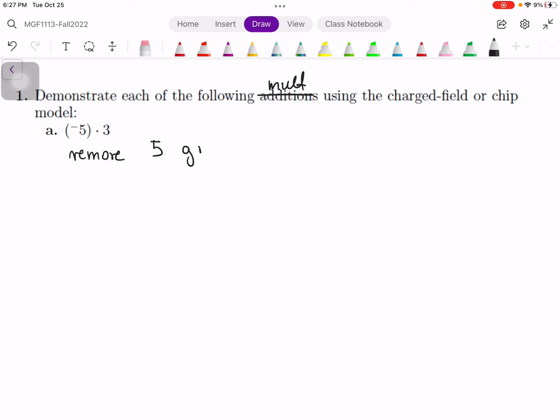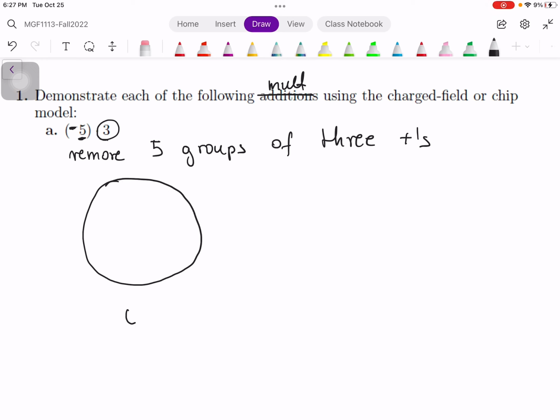5 groups of 3 pluses, because of the minus 5. We remove from nothing, so in the beginning we start with 0.